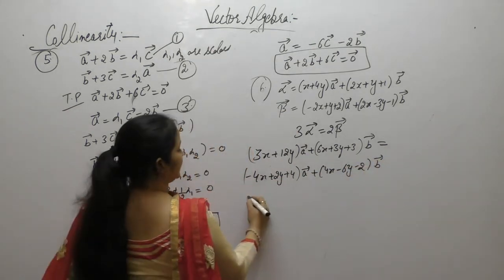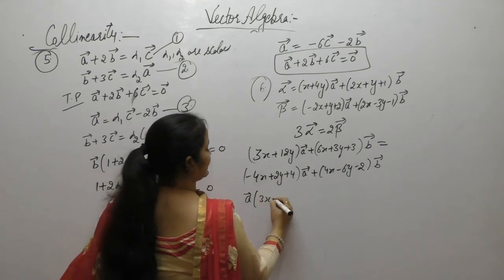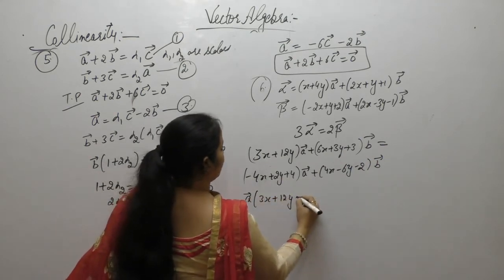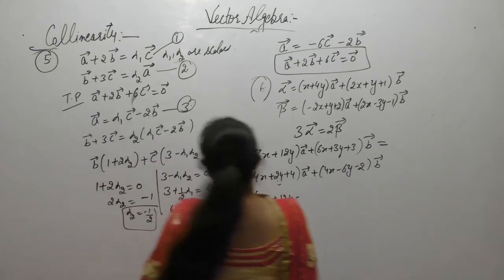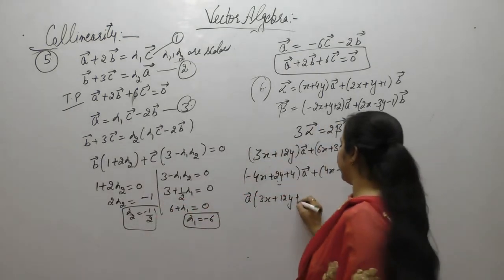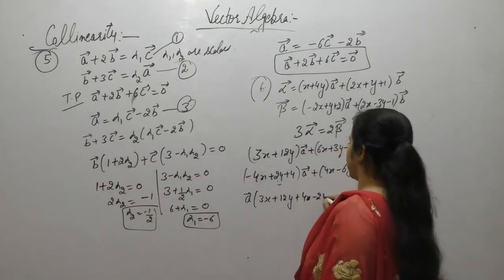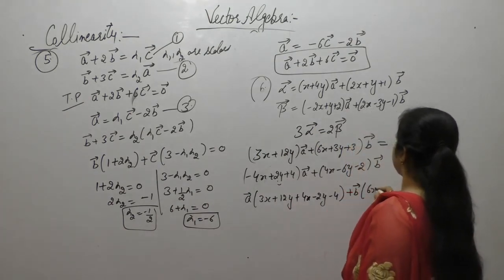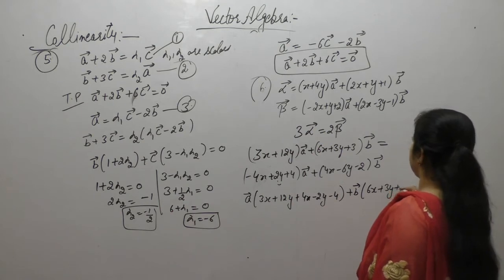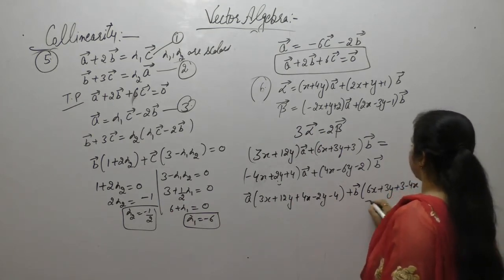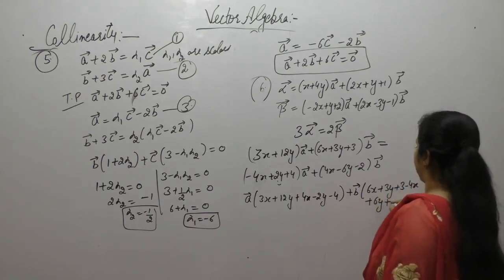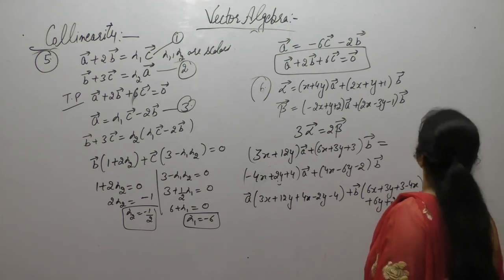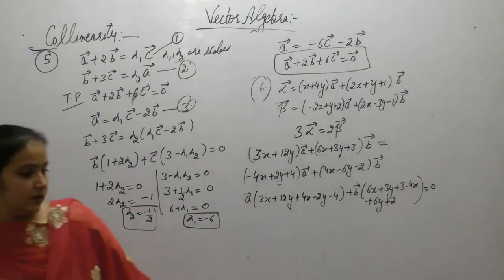Now A vector into (3x plus 12y). When this term goes to the left hand side, sign will change: plus 4x minus 2y minus 4, plus B vector into (6x plus 3y plus 3 minus 4x plus 6y plus 2) is equal to 0.